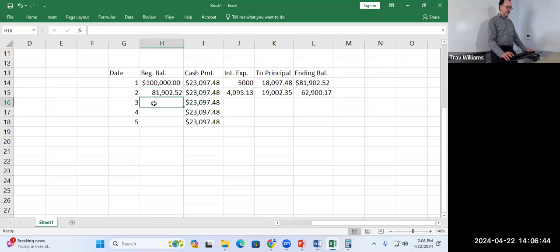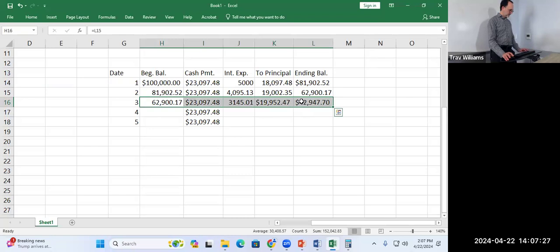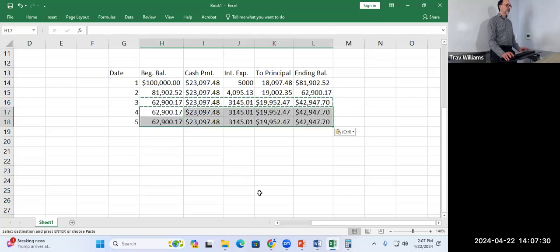If I say that this field equals that field, and then this field equals that field times 0.05, and then this field equals the payment minus the amount that went towards interest, and this field equals the beginning balance minus the amount that went towards principal, I can copy these formulas and it'll do the rest of the calculations for us.